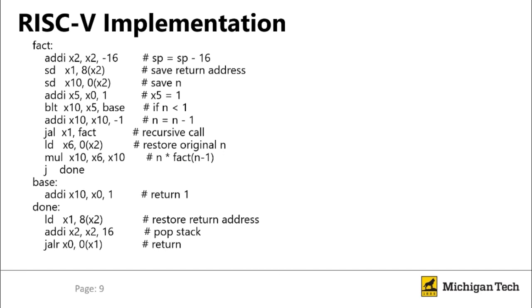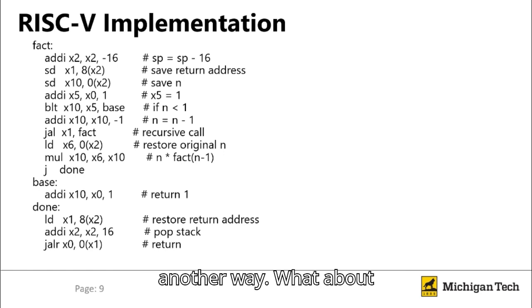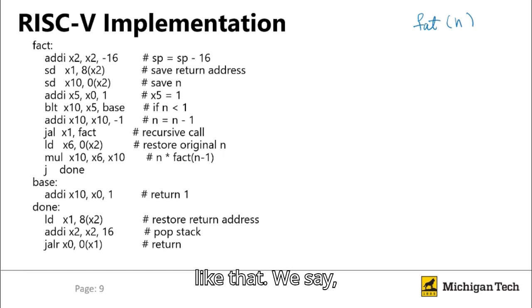Before tracing this and explaining it, I actually change that recursive function in another way. What about if we write a factorial function like that? We say, okay, if n is less than 1, go to base.